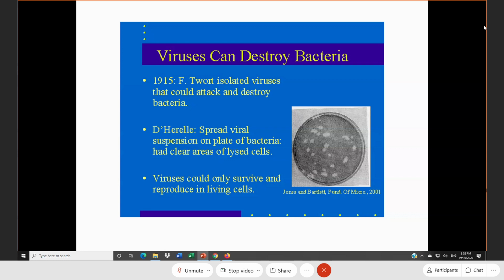Bacteria, yes, they can stay, they can form spores. Virus cannot form spores. Bacteria can become dormant to form spores. But virus, just virus. Let's say the virus that caused AIDS. How long can it stay outside of the host? Only a few minutes.